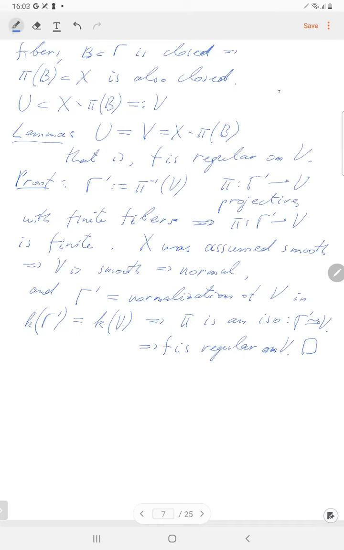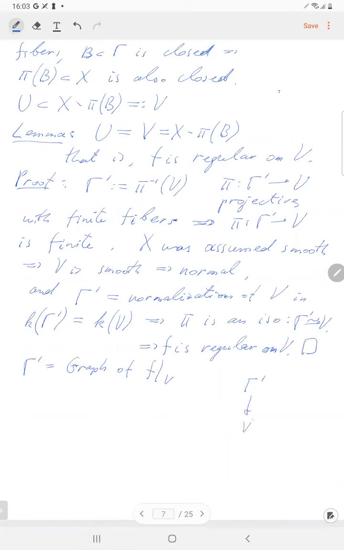Well, if pi is an isomorphism, then gamma prime really is the graph of F restricted to V. Yeah, we have this gamma prime.